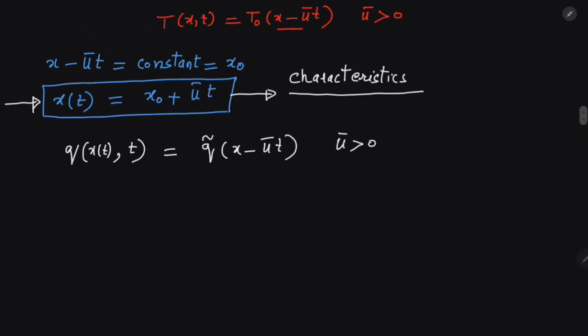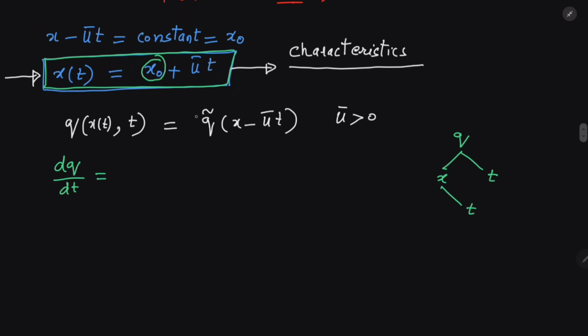Now we take a derivative of q, dq by dt. Q is a function of x and t, and from this equation, we see that x is a function of t as well when we keep this x naught as a constant.